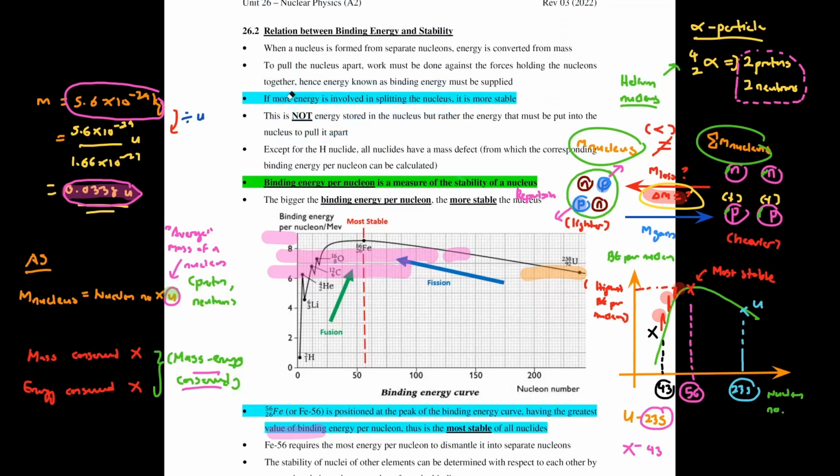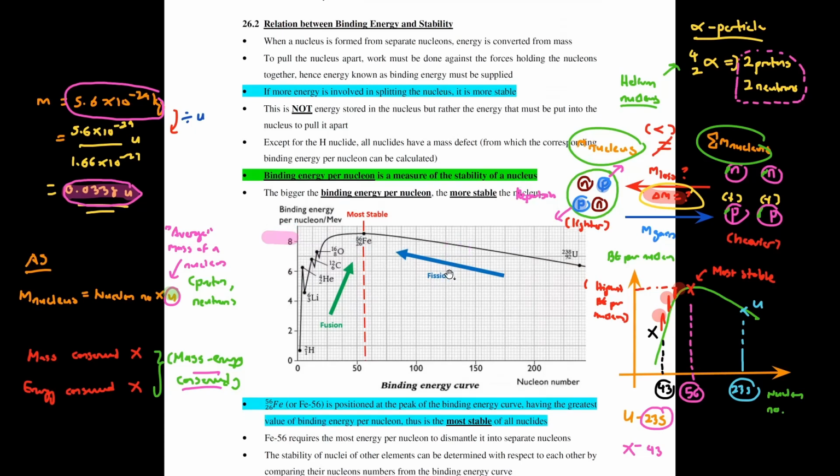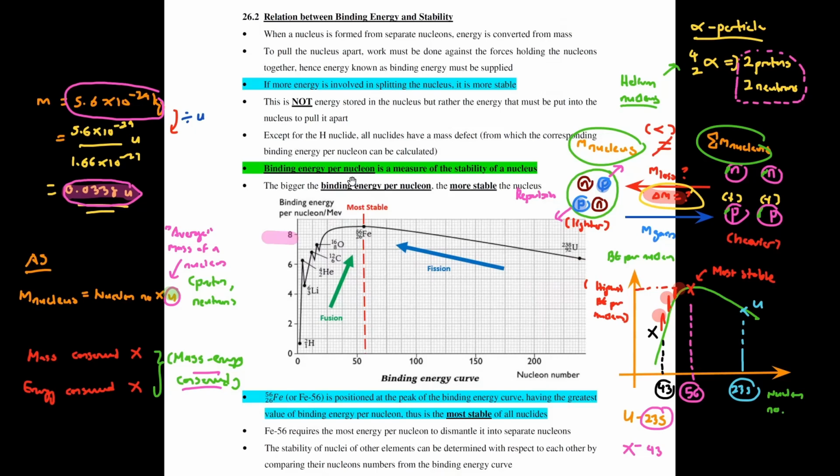To be able to determine whether something is going to undergo fission or fusion, let me just give you an example. Let's say I have an element here whose nuclear number is 200.